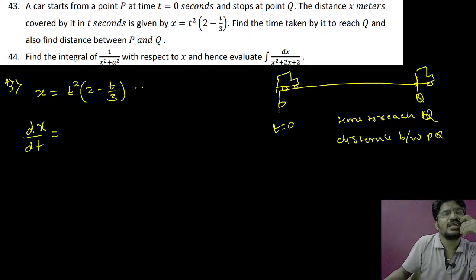So before calculating it, you just simplify. This is 2 into t square, that is 2t square minus t cube by 3.